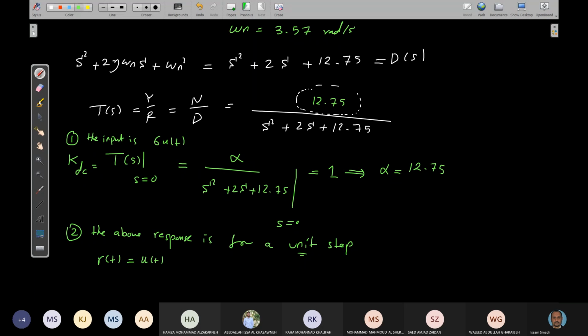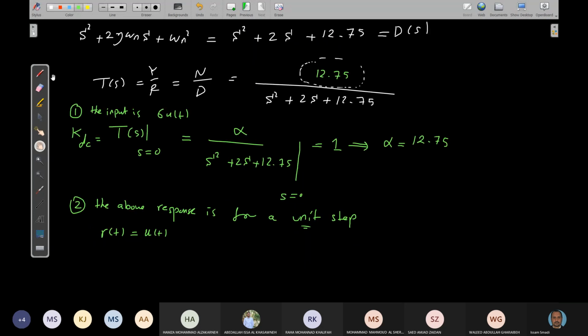So simply, the steady state error due to a unit step input will equal R steady state minus Y steady state, which equals 1 minus 6, equal to -5. So now the type number is equal to what?